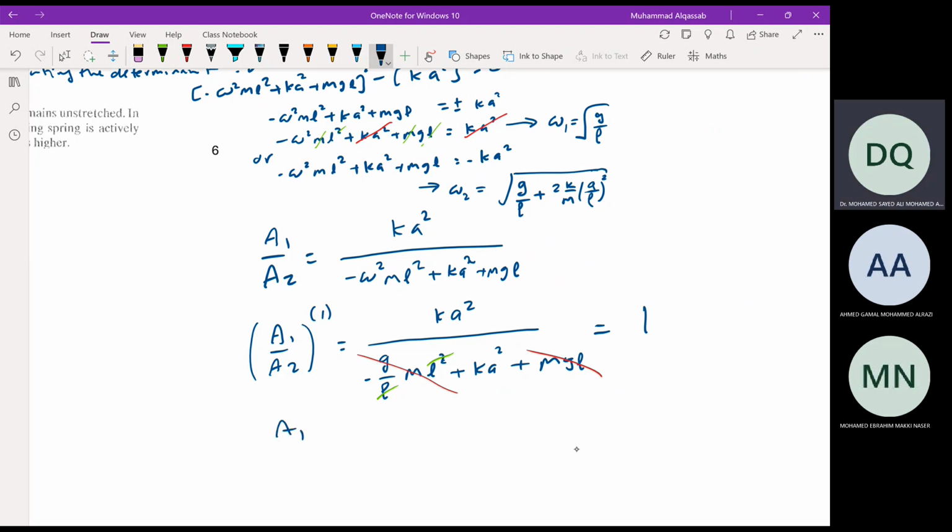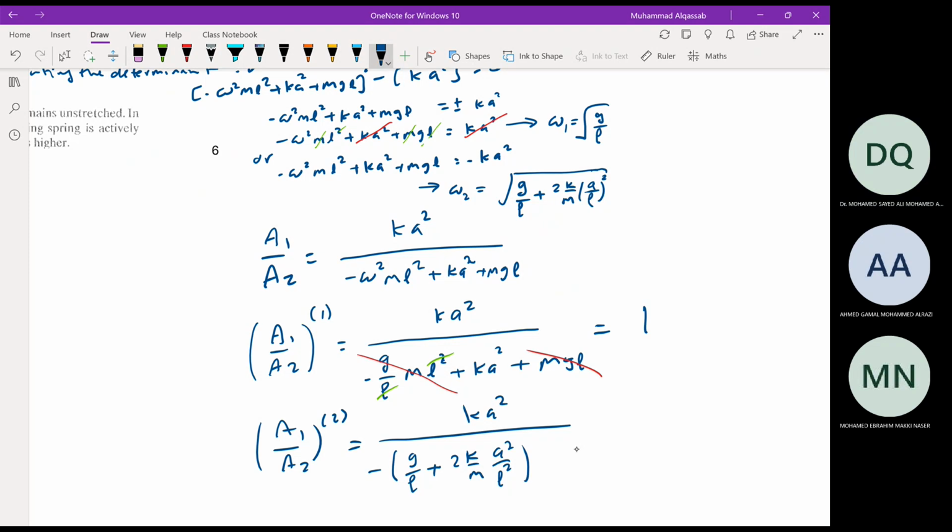The second mode amplitude ratio is obtained by substituting omega equal to omega 2, which is Ka squared divided by minus omega squared, which is g over L plus 2K over M, a squared over L squared, multiplied by mL squared, plus Ka squared plus mgL.